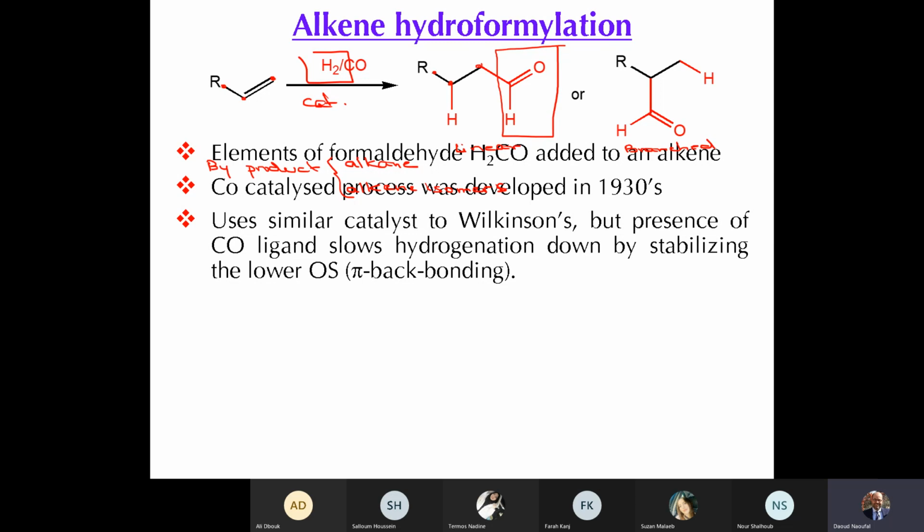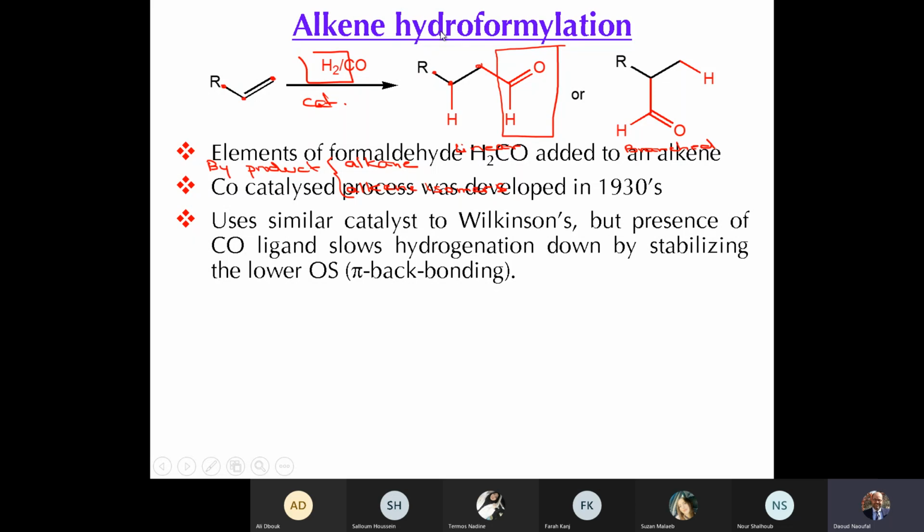Another important characteristic is the nature of the catalyst. When you have alkene hydrogenation, think about platinum and nickel catalysts.